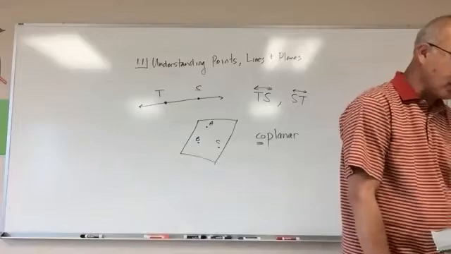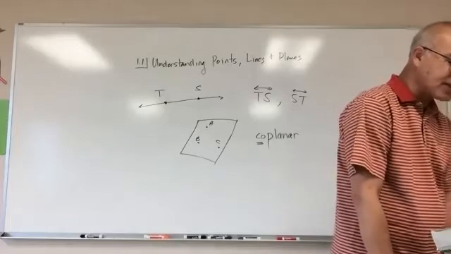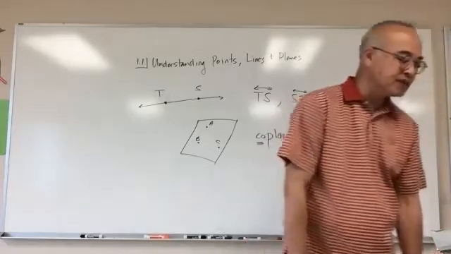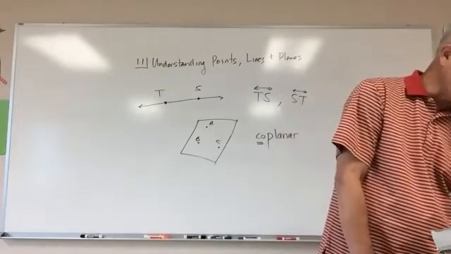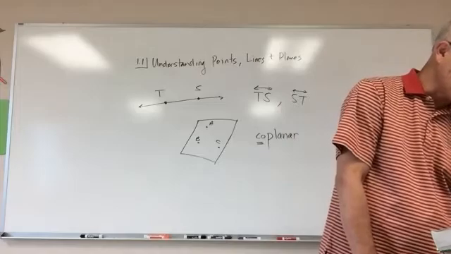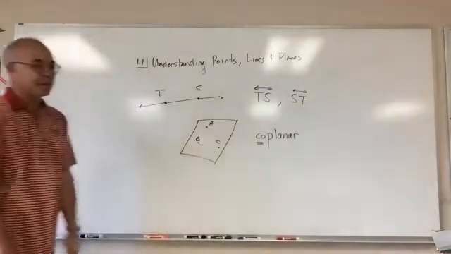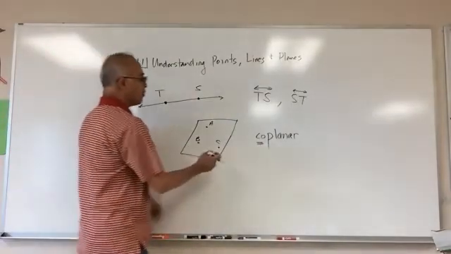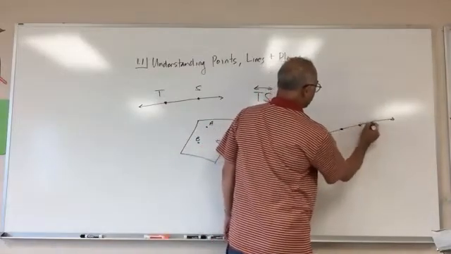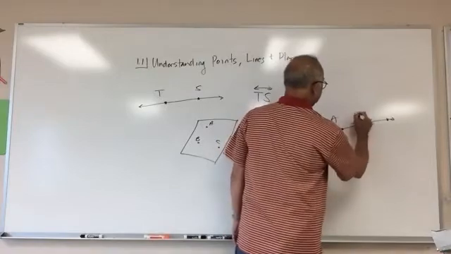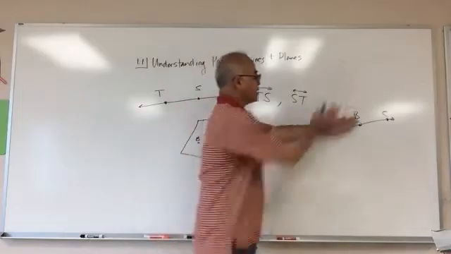On the undefined terms, the bottom one says, a plane is a flat surface that has no thickness and extends forever. A script capital letter, or 3 points not on a line. Why does it say that the 3 points cannot be on a line? If I had 3 points on a line, A, B, and C, I could have an infinite amount of planes through this line.